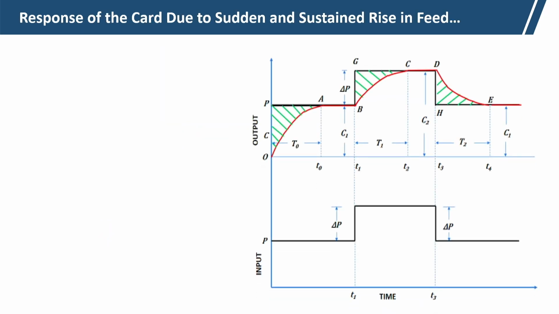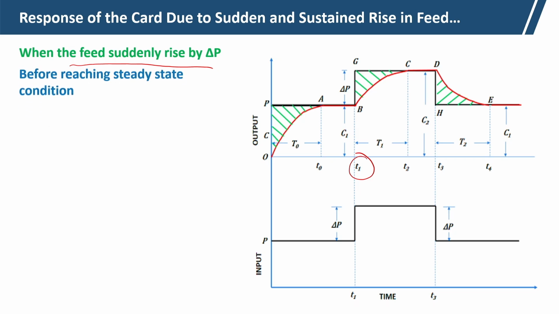Now, let us discuss when the feed is suddenly raised by delta P. So, at time T1 the feed is suddenly raised by delta P, before reaching the steady state stage. So, what happens?